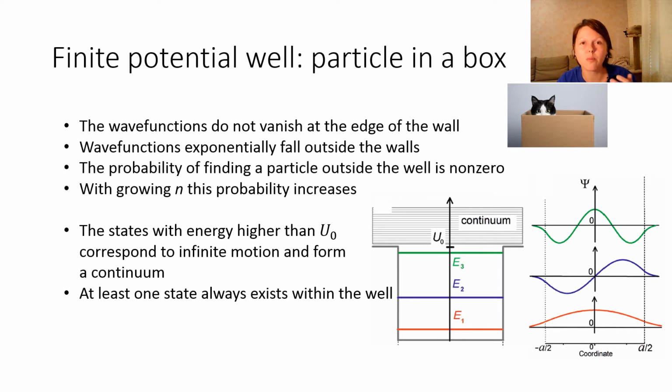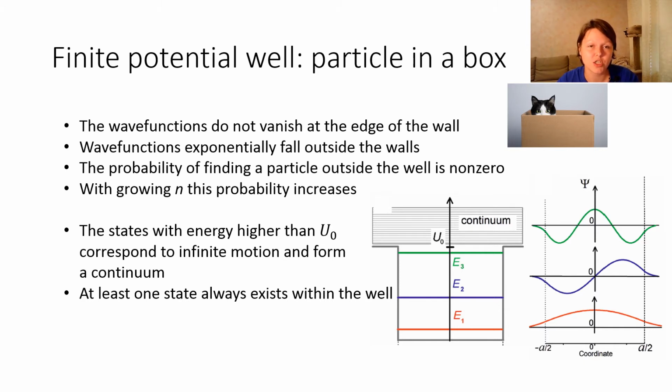If you throw a ball in the box with very little energy, the ball in this case will stay in the box because it doesn't have enough energy to jump out of it. In quantum mechanics, the case is the same.